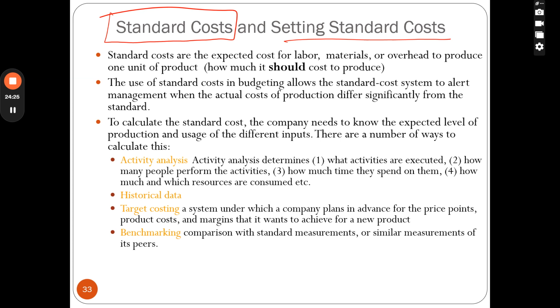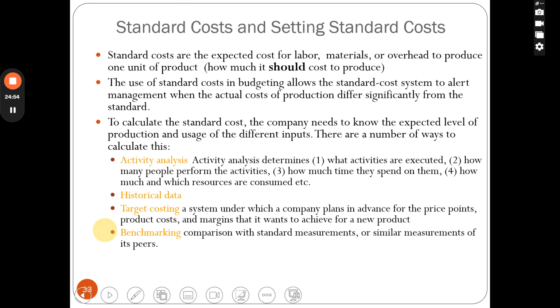But if the management made an assumption, a standard cost, that the cost of making this product is $10, and actually it became $12, then when you prepare a standard cost, you can compare the actual with the standard, and you can try to find out why the actual cost is more than the standard.